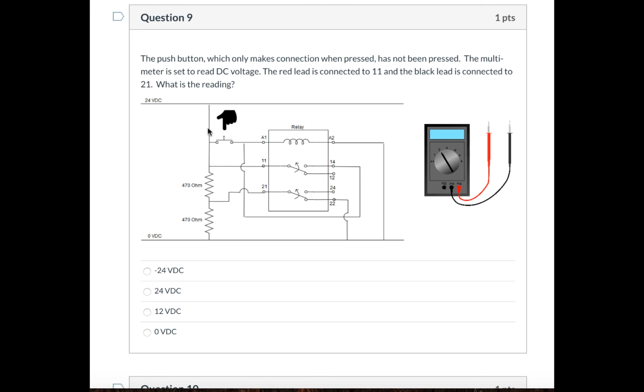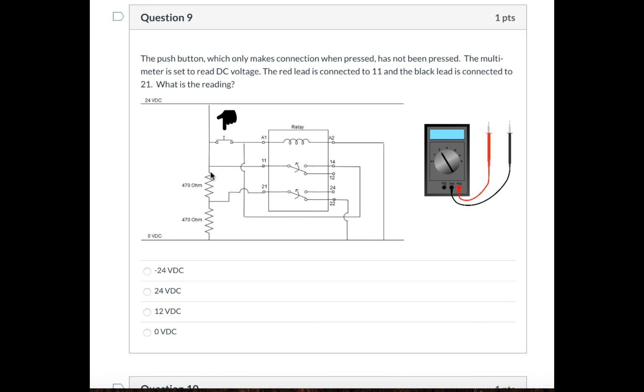So our current is going to make its way through this resistor, and at this point it has a choice. It can go through these 470 ohms this way, or it can go this way through effectively 0 ohms. It's all going to go this way, the path of least resistance.